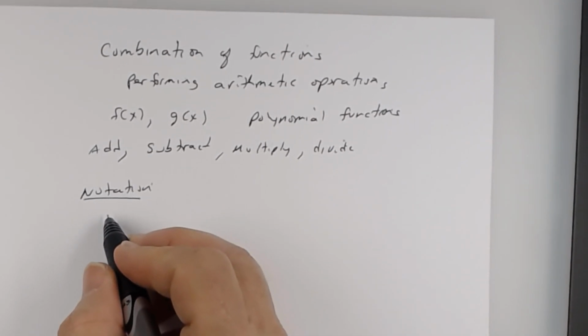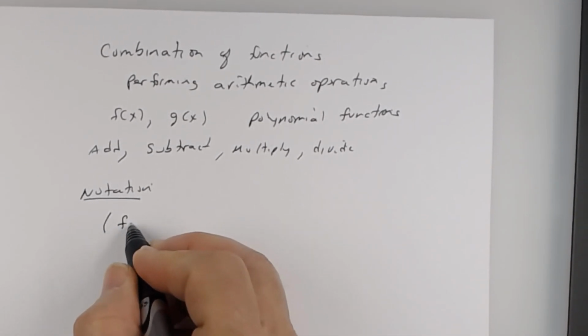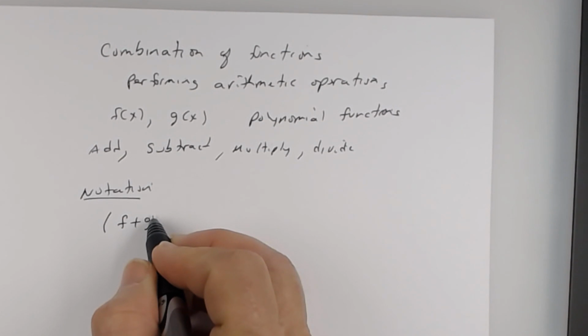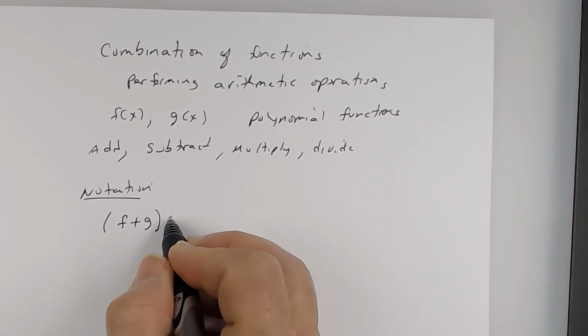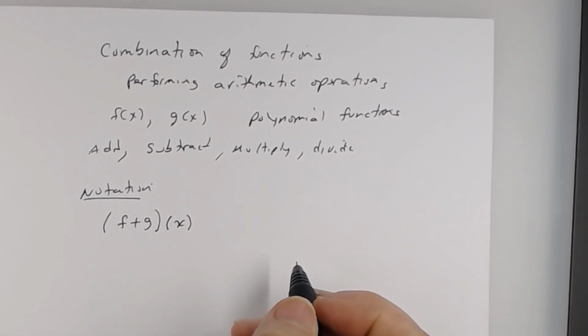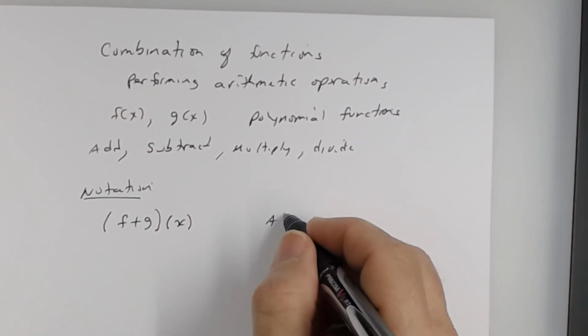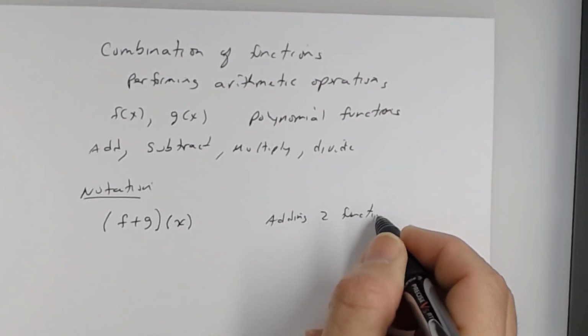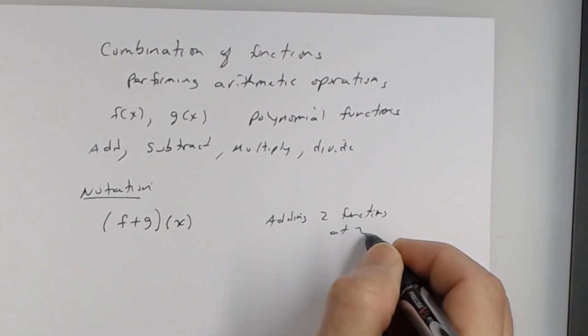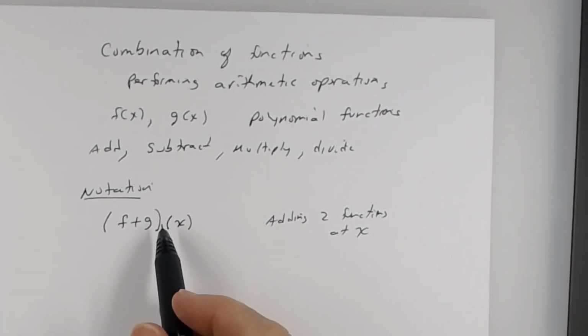If you see in parentheses f plus g, now listen to the words. This says I'm adding two functions f and g at x.